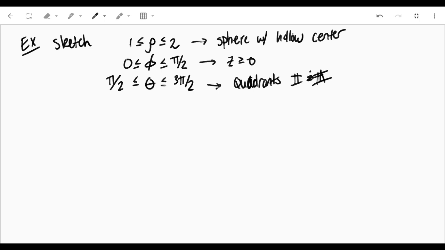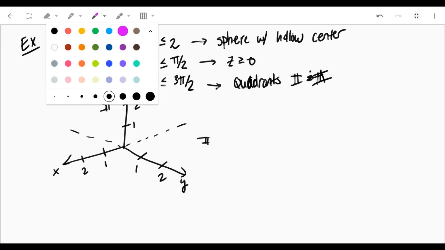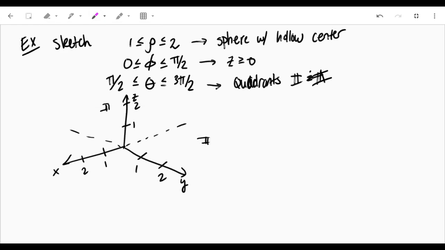So if I try to sketch this out, I'm going to get a little better angle at it. x, y, z, and 1, 2 on each axis. Then we would only be in quadrants 2 and 3. This is going to be a tricky one here. This would be 1, 2.